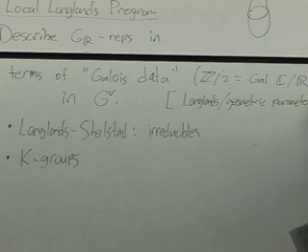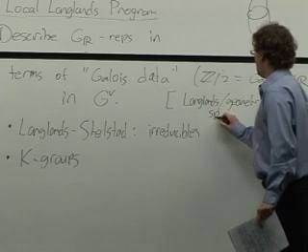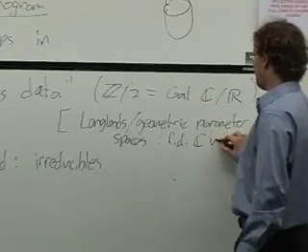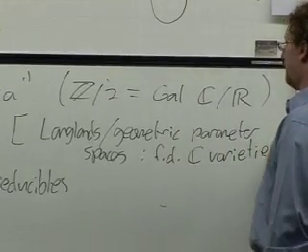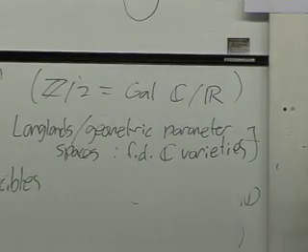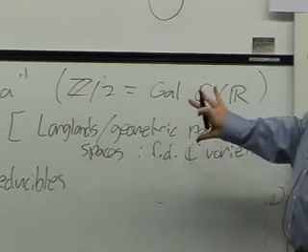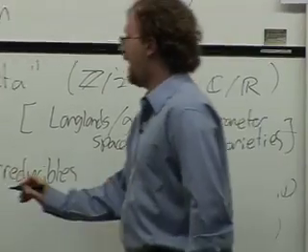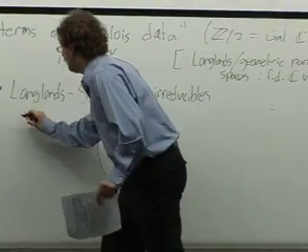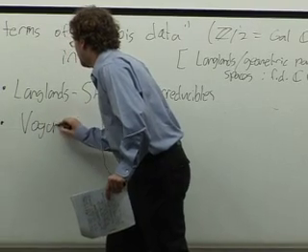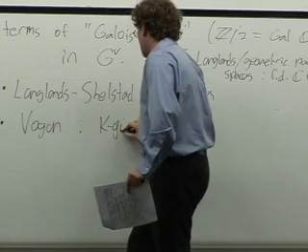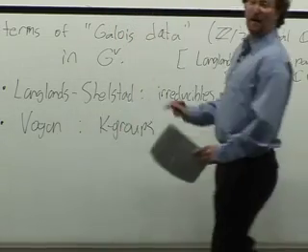I'm going to give examples of these at the end if we get there. These are finite dimensional complex algebraic varieties that are built out of this data, out of Z mod 2 and G check. I'm not going to say specifically which ones. But basically the points of these give you irreducibles, and Vogan described the K groups of representations in terms of K groups of these Langlands parameter data.